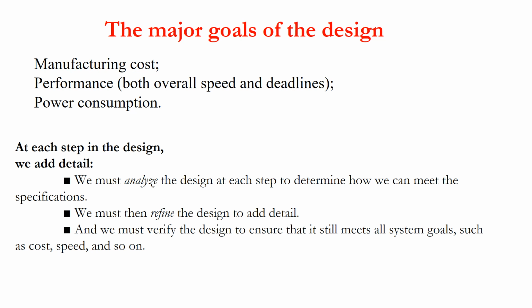This deadline is very important in an embedded system because it is dedicated to specific tasks, and it has to complete the task within an allotted time period. That is very important.